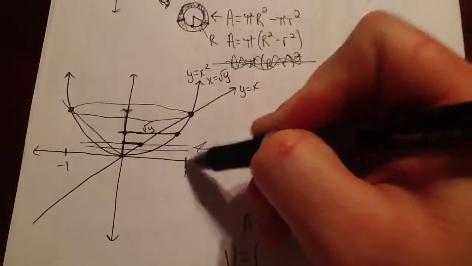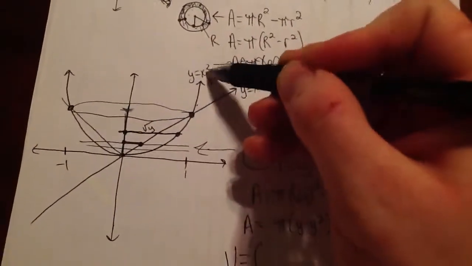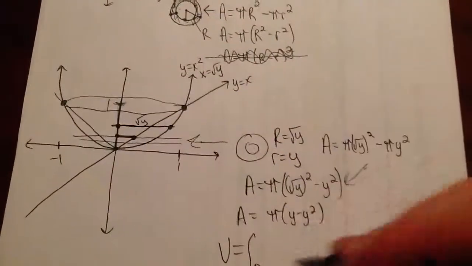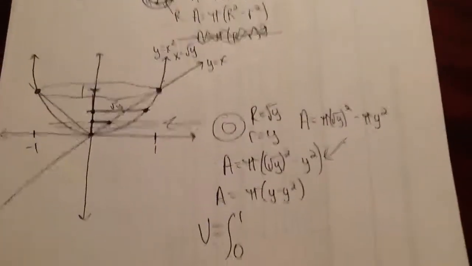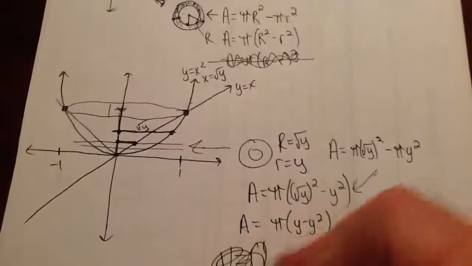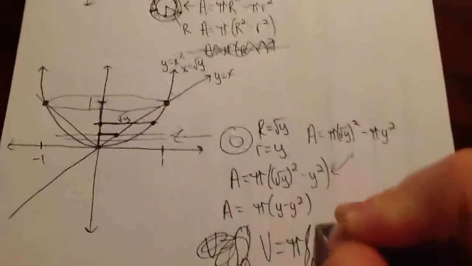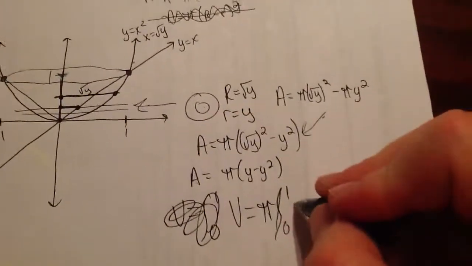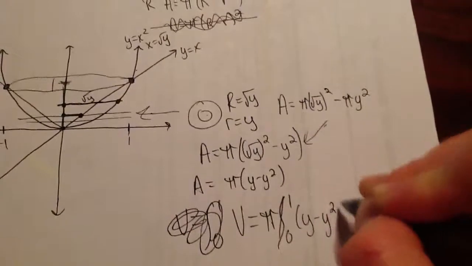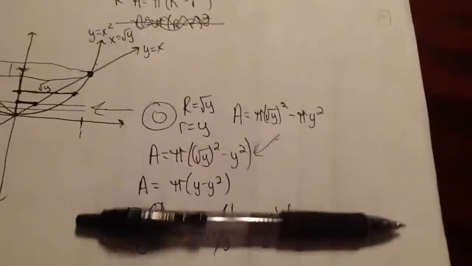Well, I already know this is 1, so if I just plug 1 in for x, y is 1 also, that's nice. So from 0 to 1 of, I should have pulled the pi out. Volume equals pi from 0 to 1 of y minus y squared dy. Done it. So that's it.